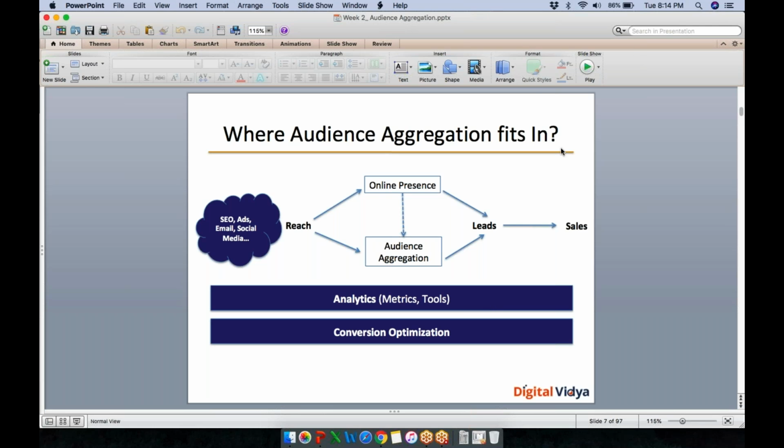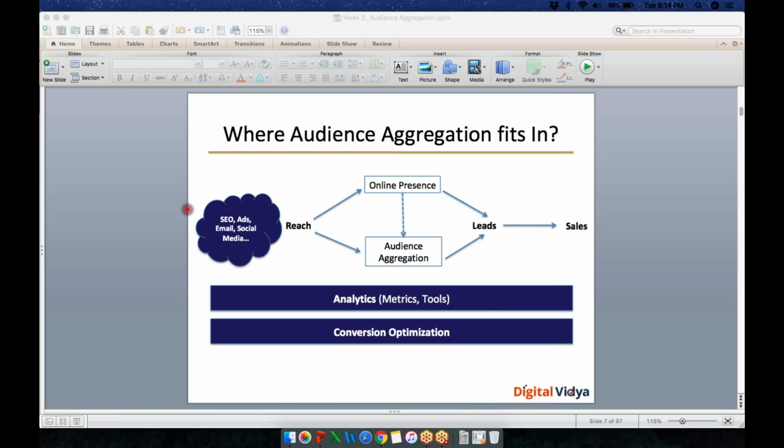Now this is where engagement magnets will help you in the digital marketing framework. It will help you capture the people who come through the reach onto an online presence where you have built your engagement magnets to capture those people and convert them into leads, or aggregate them into an audience.